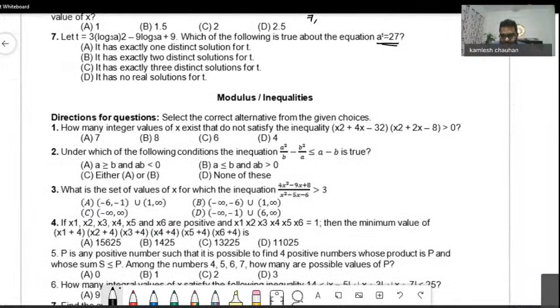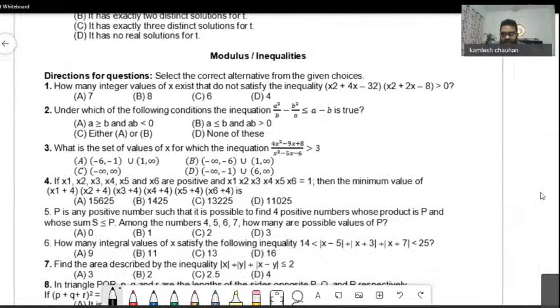I'll run through these remaining questions pretty fast, as we don't have much time. You can split this one, and you can use the wavy curve method to solve it. So we will have something like this.